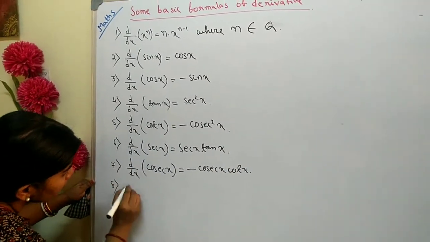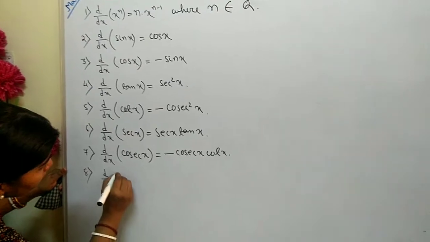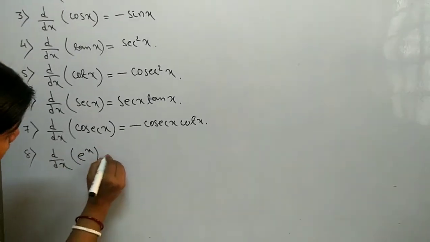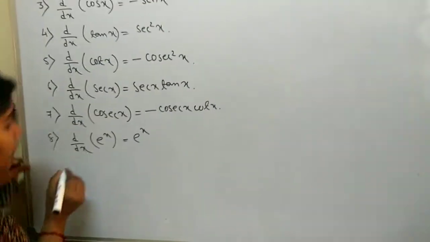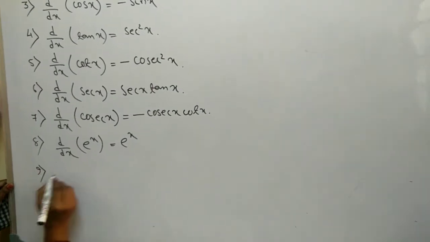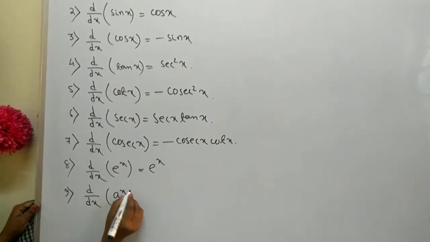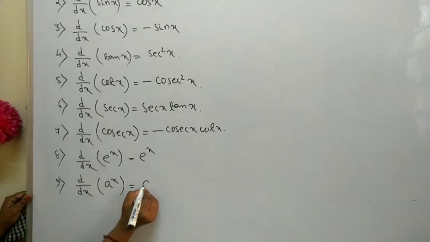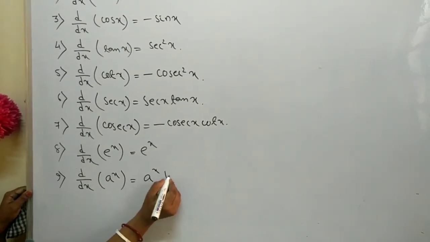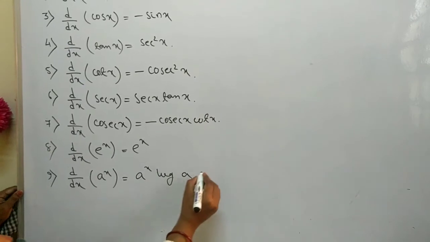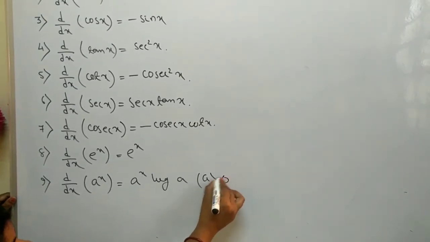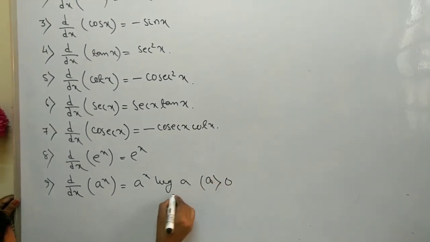Number 8: d/dx of e to the power x is equal to e to the power x. Number 9: d/dx of a to the power x equals a to the power x log a, where a is greater than 0 and the base is e.